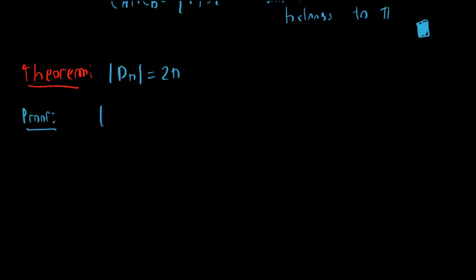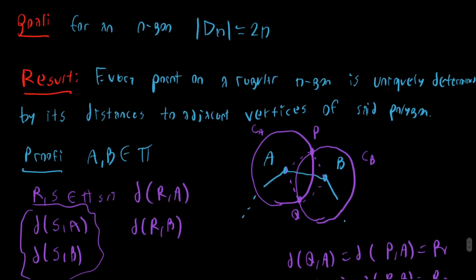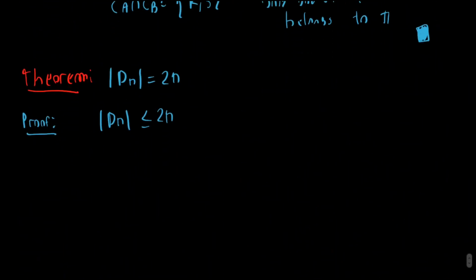We will first prove that the order of Dn is less than or equal to 2n, utilizing this preparatory result that we proved earlier, and then we will prove that Dn is greater than or equal to 2n by finding an adequate number of isometries, of symmetries.